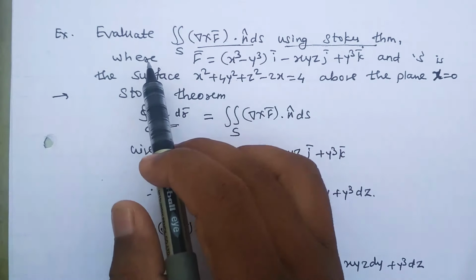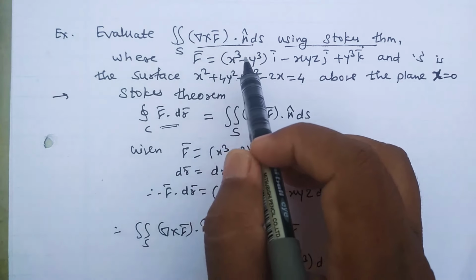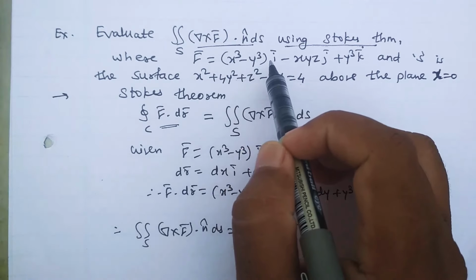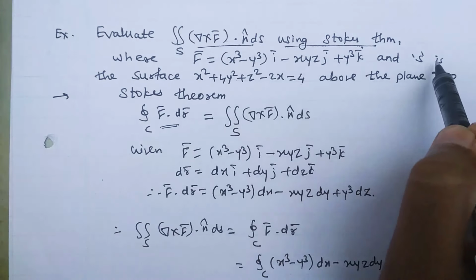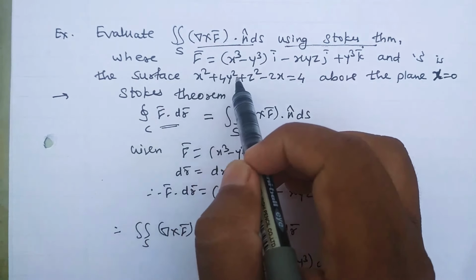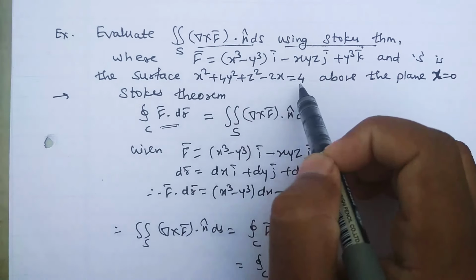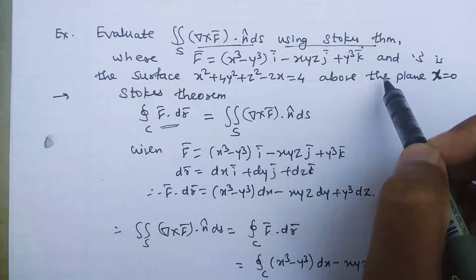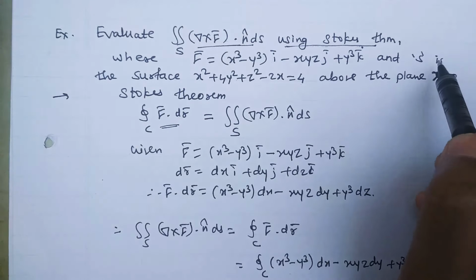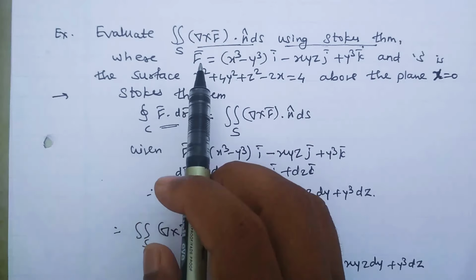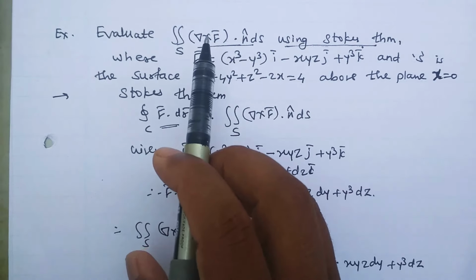Here f bar, the vector point function, is given as x cube minus y cube i bar minus xyz j bar plus y cube k bar, and S is the surface x square plus 4y square plus z square minus 2x equals 4 above the plane x equals 0. Now how do we deal with this example using Stokes theorem?